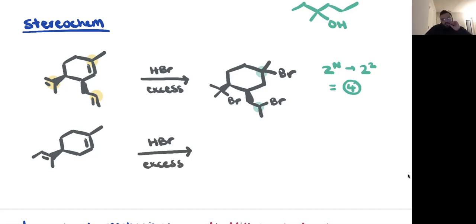Cool, excess HBr. We know that our bromide is going to add over here and over here. And we get our bromine adding in the other tertiary position as well.